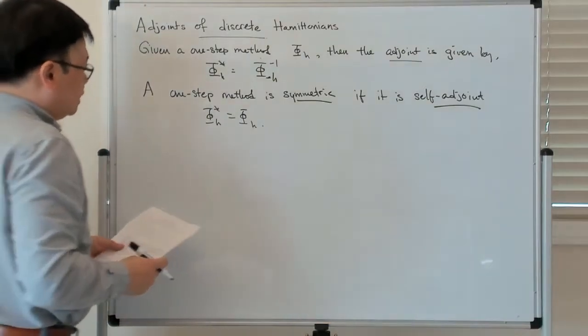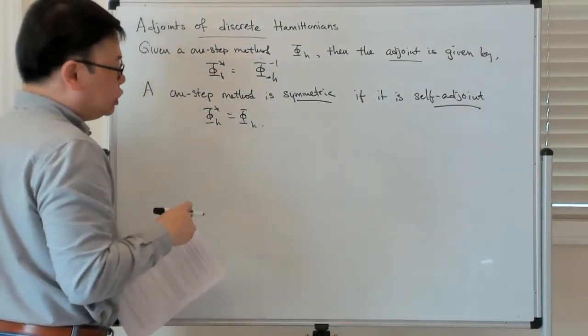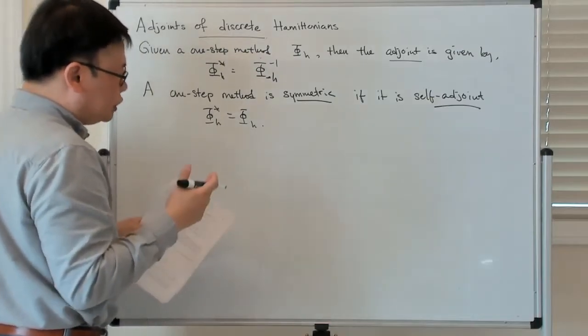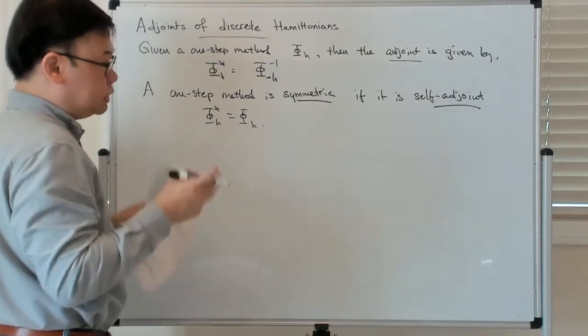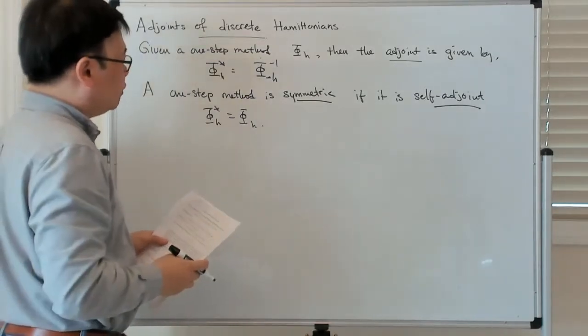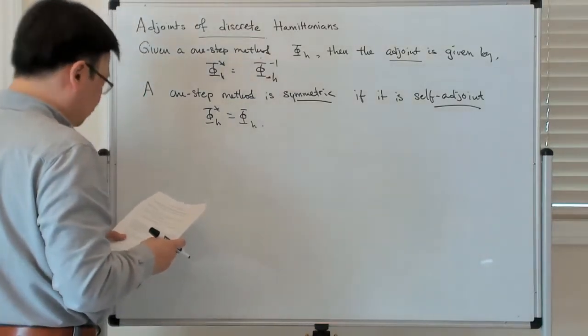So if we recall, in the case of the discrete Lagrangians, you can write down the adjoint of the discrete Hamiltonian map generated by the discrete Lagrangian in terms of another discrete Lagrangian, which we call the adjoint discrete Lagrangian.